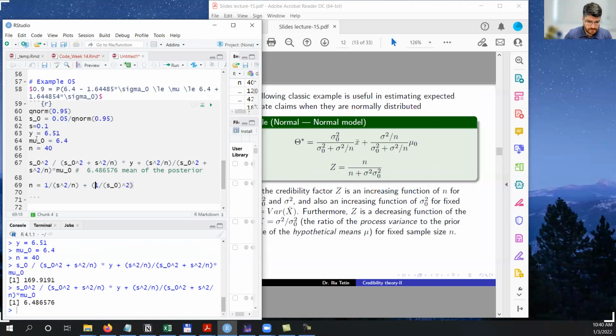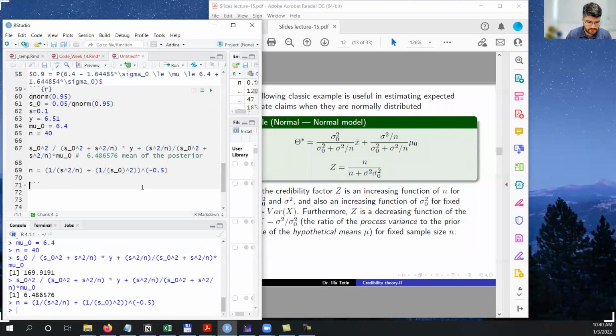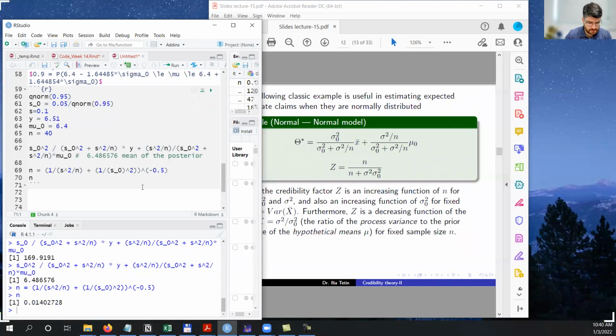Then this whole thing should be to the power of minus 0.5. So n is that n, and this should be less than or equal to 0.01.